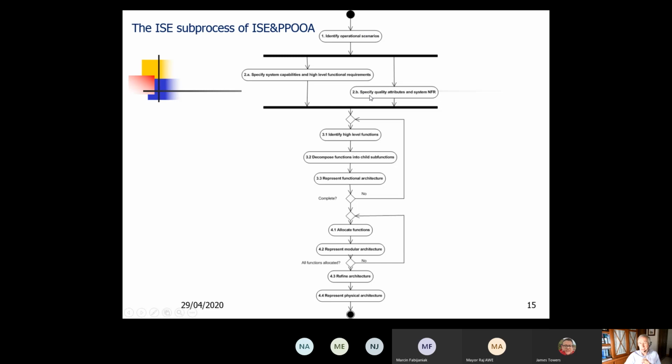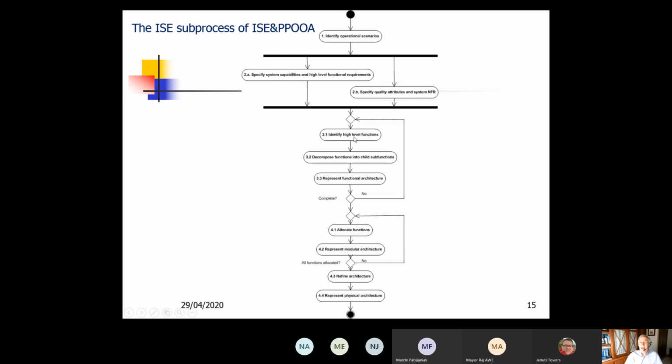And we identify in parallel the quality attributes that are important for us. Is safety important for us or not? Is security important for us? Is resiliency important for us? We identify these quality attributes, and it's very difficult. It's one of the most difficult things in the process.